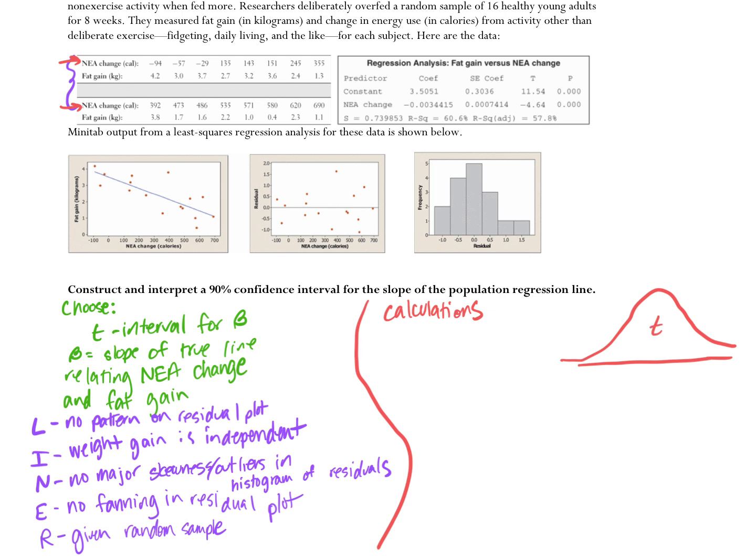You draw your T distribution. We're told this is for 16 young adults, so what would my degrees of freedom be? Except for on these, our degrees of freedom is n minus 2. So our degrees of freedom will be 14. 90% confident means our tails will be 5% each. And we're using inverse T to find T star.